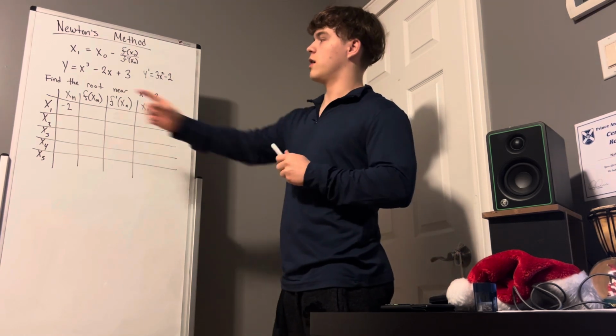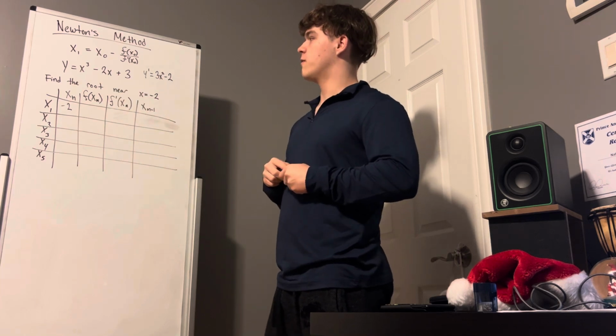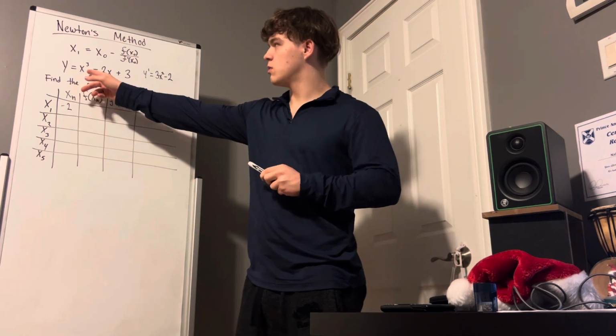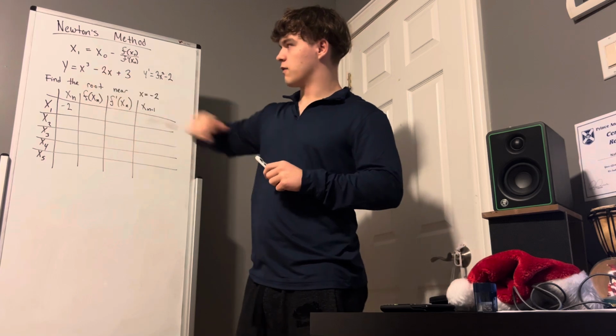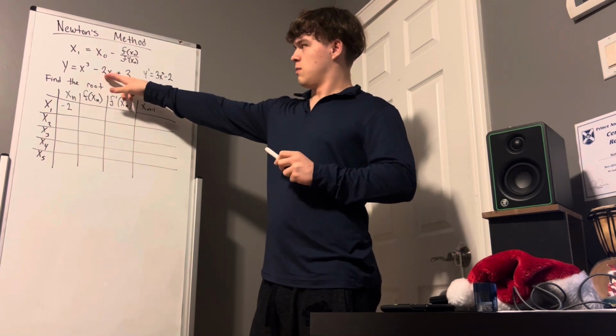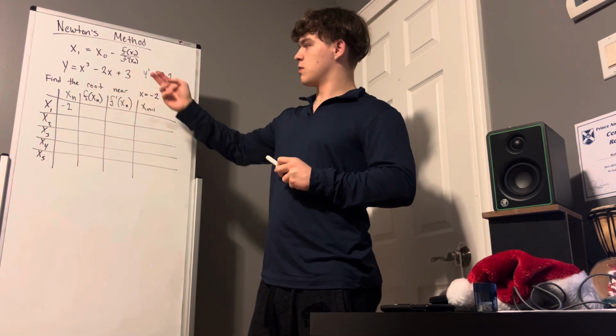So let's find our f of xn. f of xn is going to be -2 cubed, which is -8, plus 4, plus 3, that's -1.